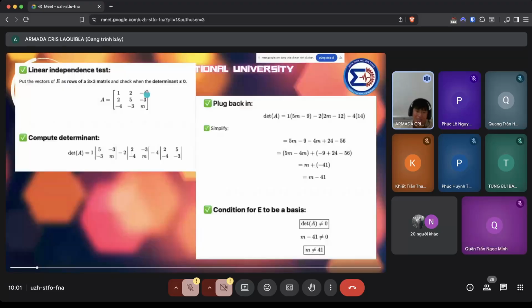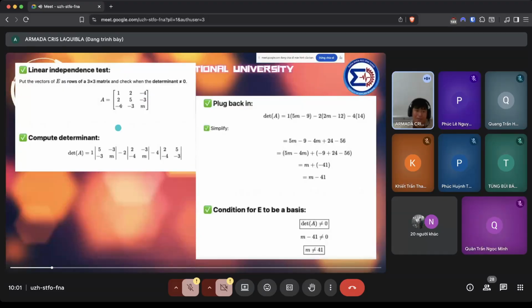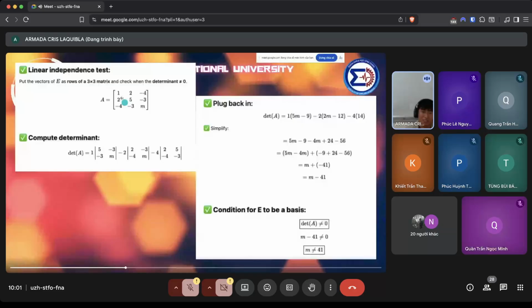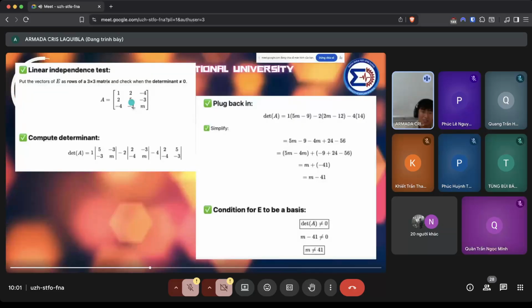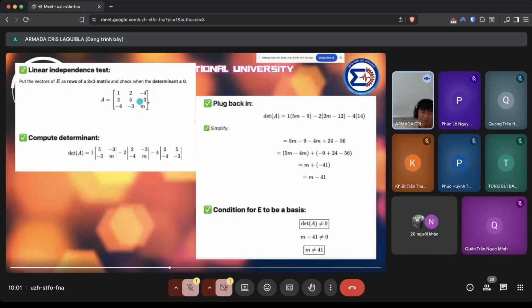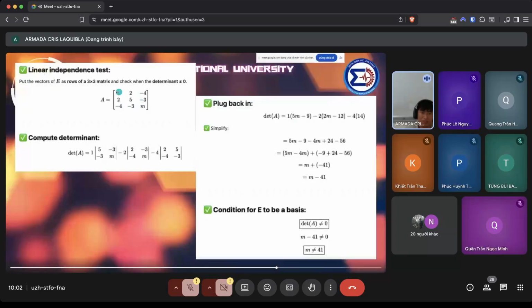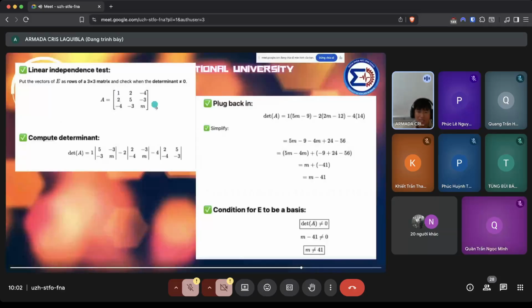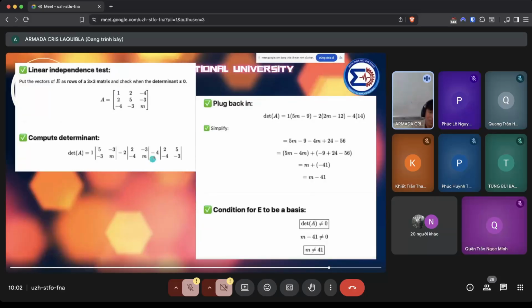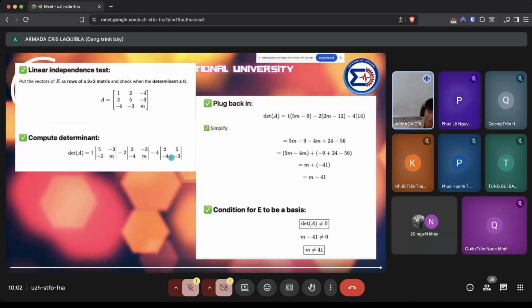Now use the first row to get the determinant. Matrix, you have 5, negative 3, negative 3, m. The next, there's 2 here, so make it negative 2. Remaining numbers, when you remove the second column and the first row, you have here 2, negative 3, negative 4, m. And then the last one, it should be plus, but this is negative here already, so it's minus 4.